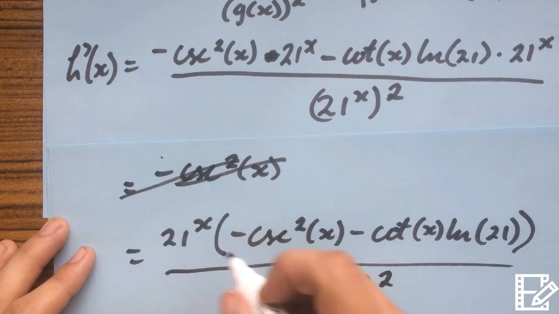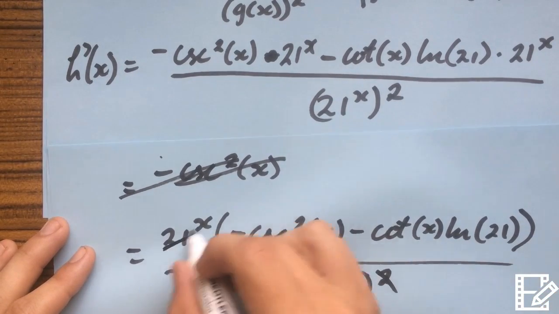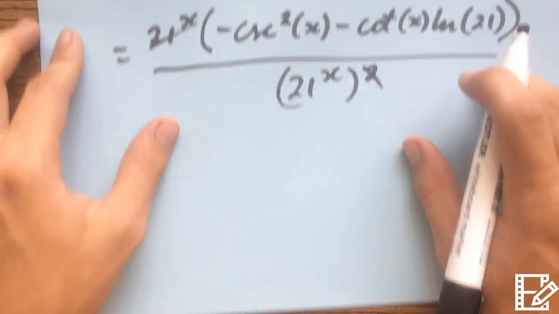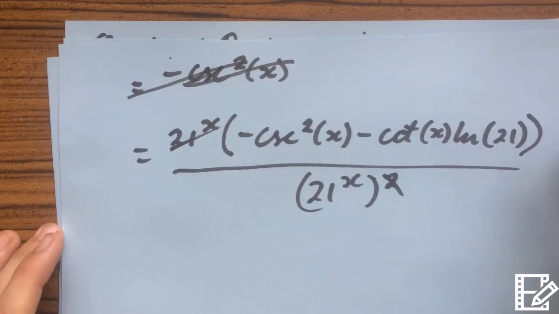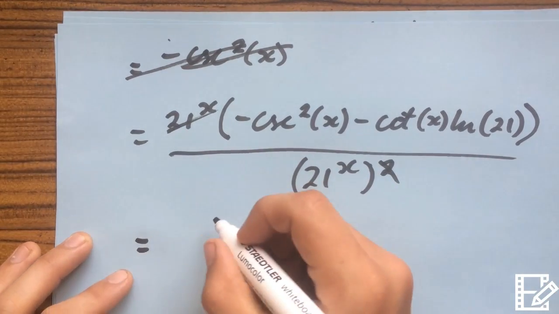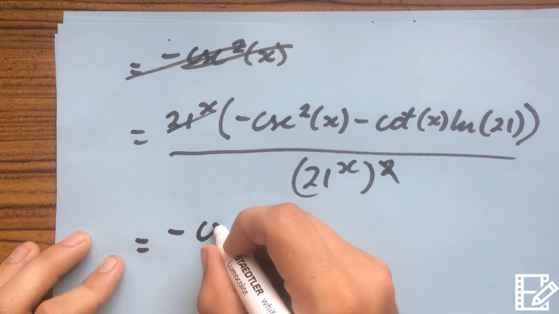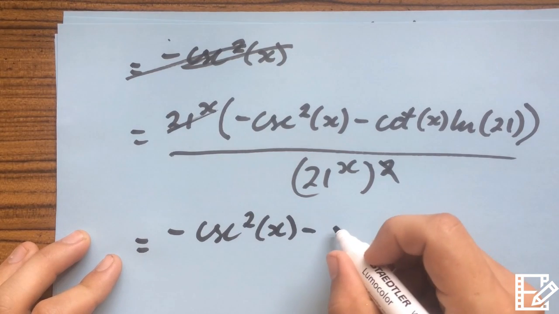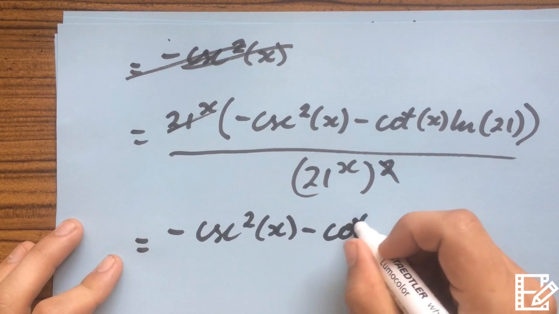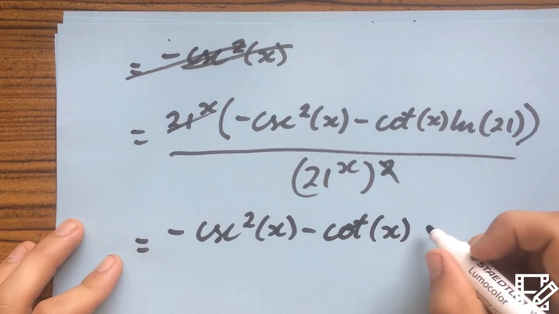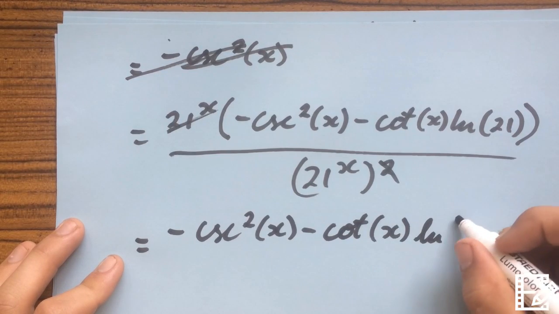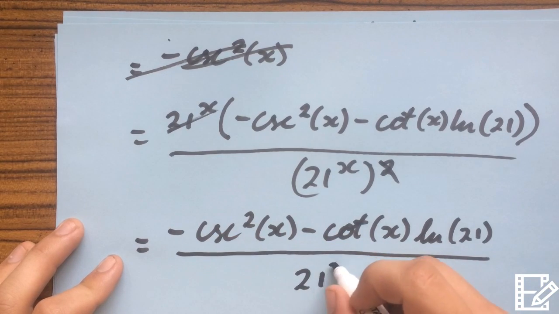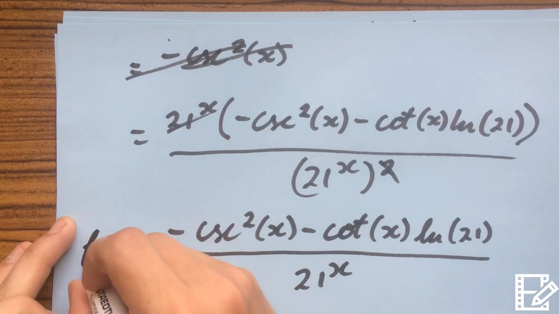We have 2 on the bottom and 1 up the top. We take 1 off the bottom and we take 1 off the top. So what we're left with is negative cosec squared of x minus cotangent of x ln 21, all over 21 to the power of x.